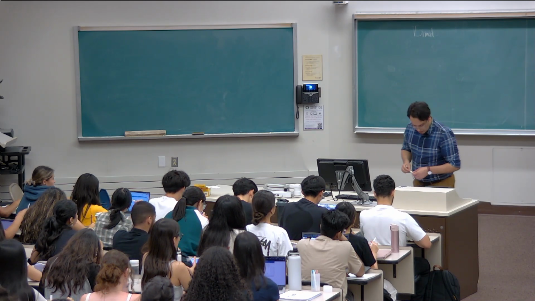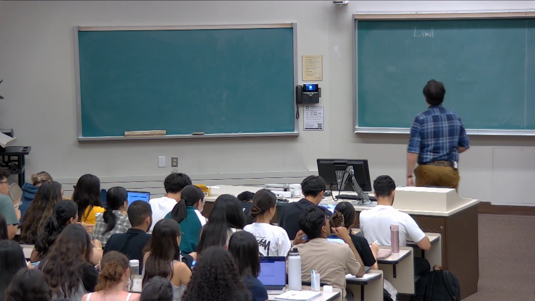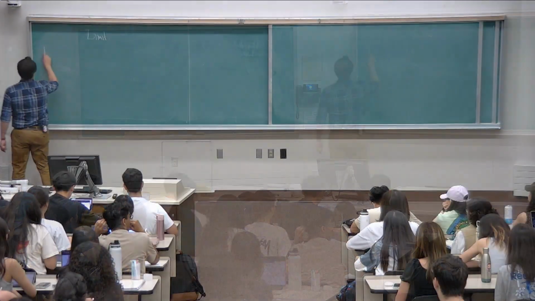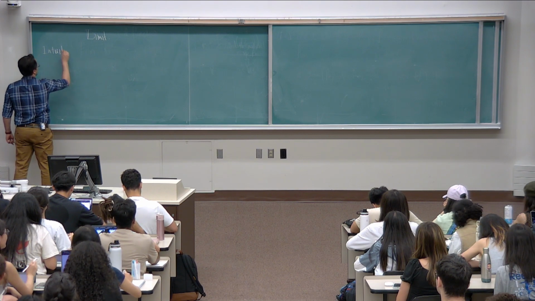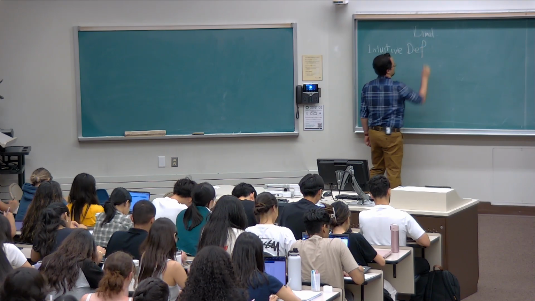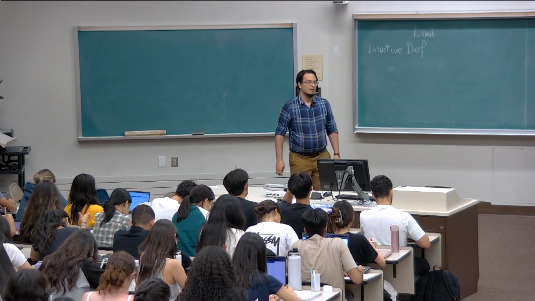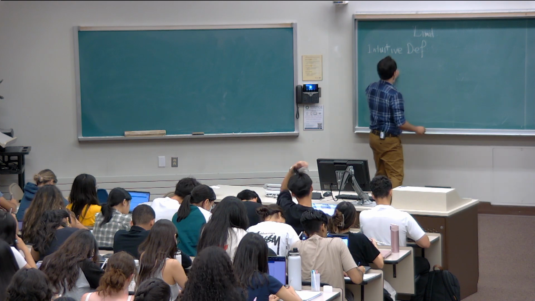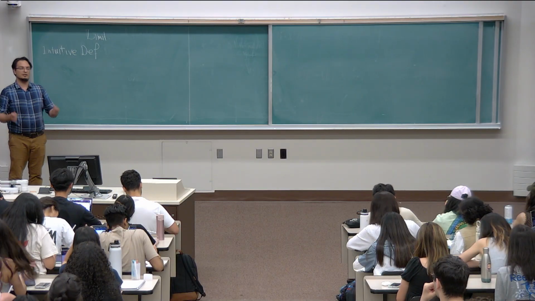So let me start with the intuitive definition. Okay, first thing, very important thing. When you're trying to find a limit, you're working with functions that are defined around a point.